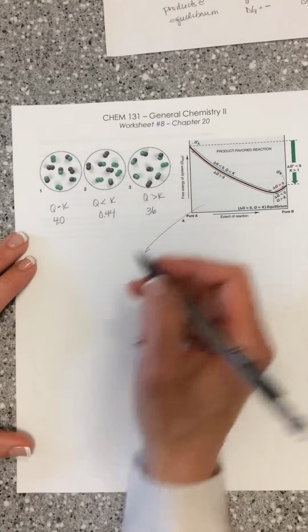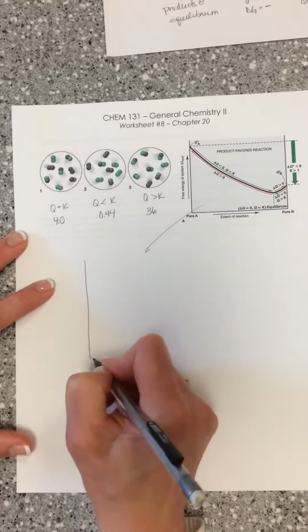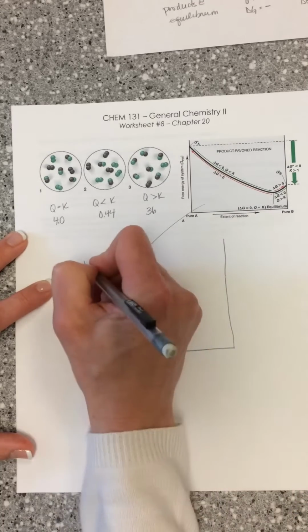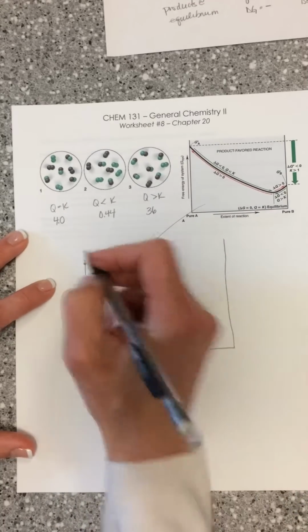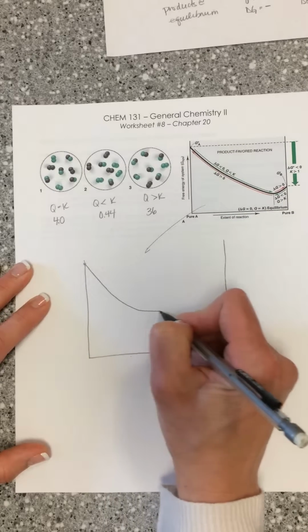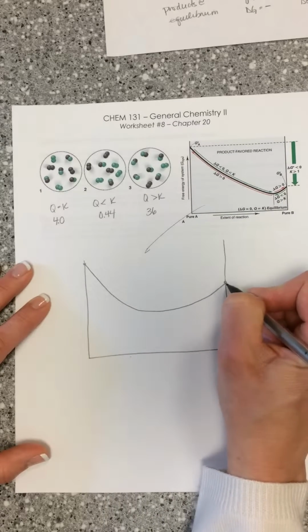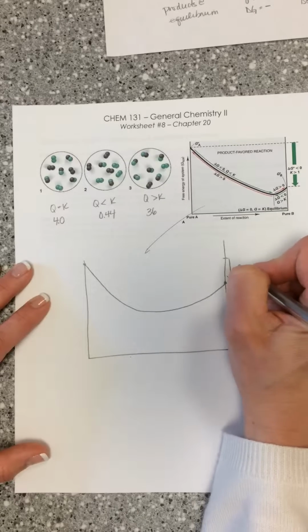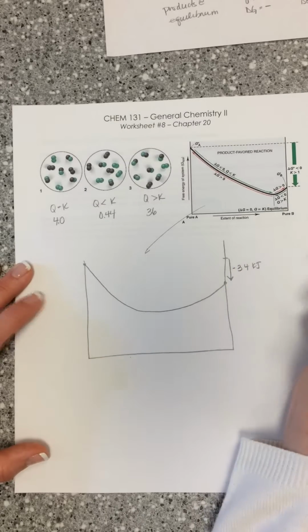So let's see if we can draw a plot here that makes sense with what we're talking about. I've got a situation here where this difference represents minus 3.4 kilojoules.